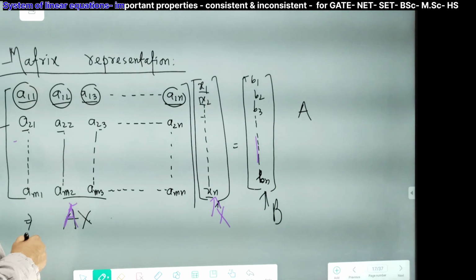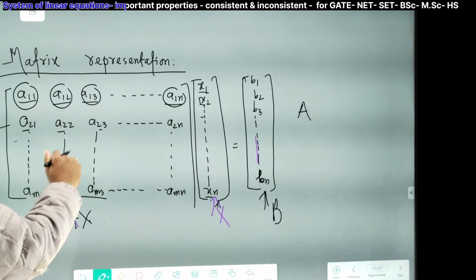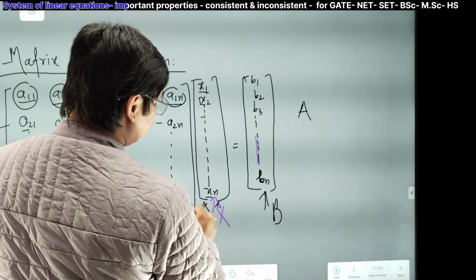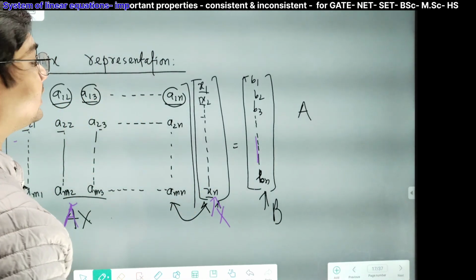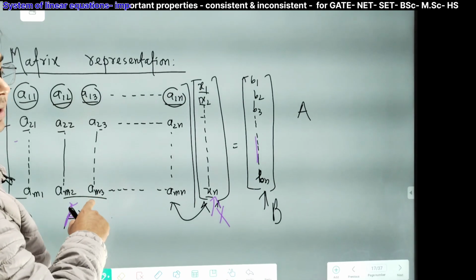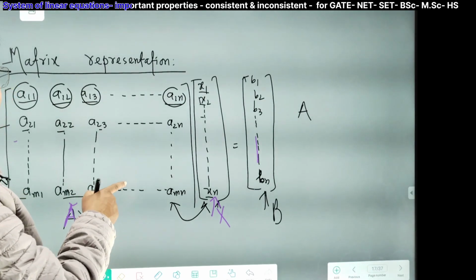Also, if we take the product of these two matrices, we can easily obtain the system of linear equations. You see how we obtain the system from this matrix representation.